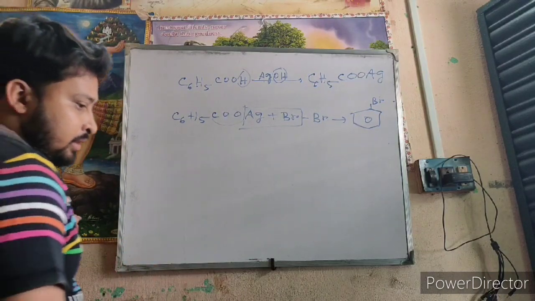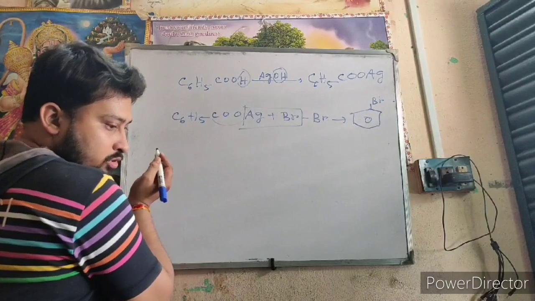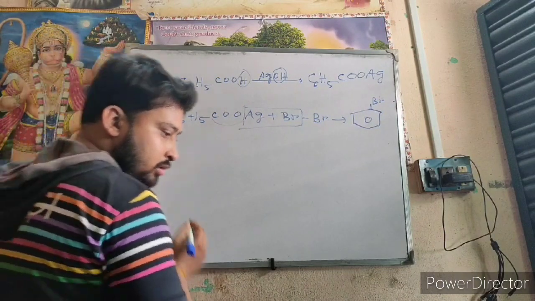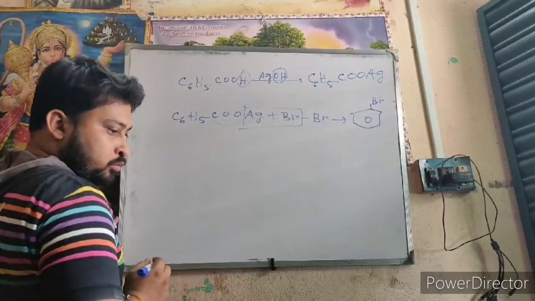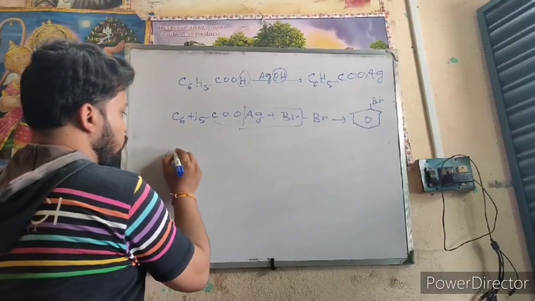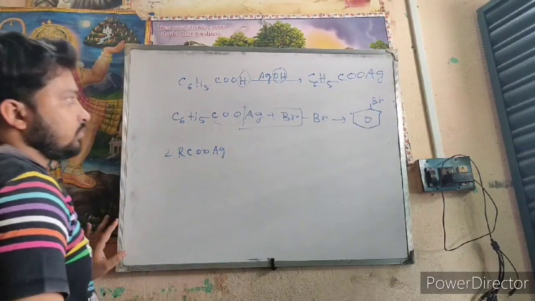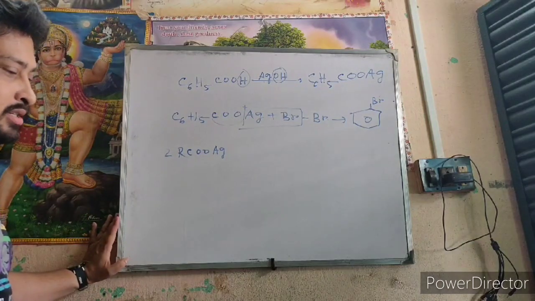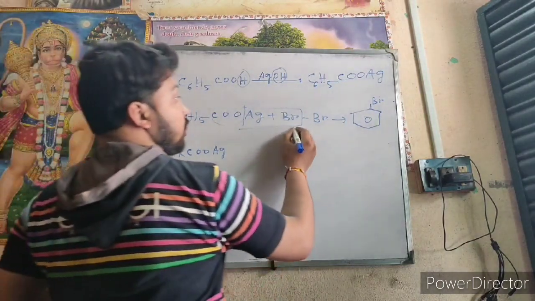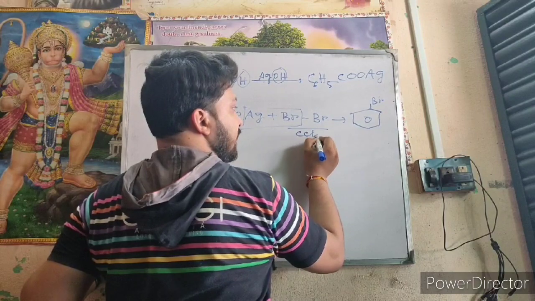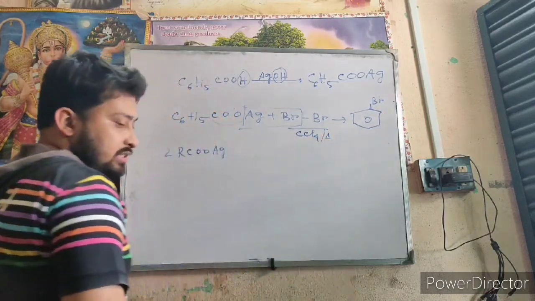Okay. If you use 2RCOOAg, the solvent is CCl4 and heat.